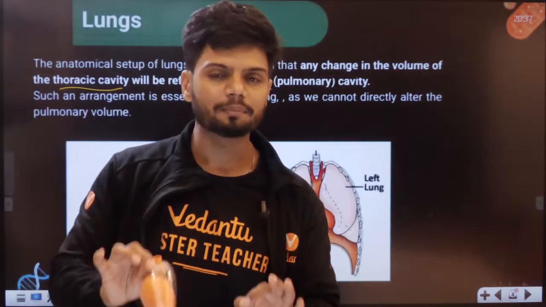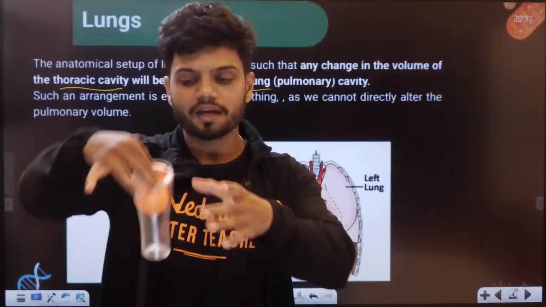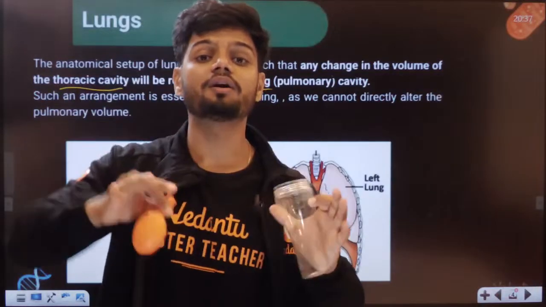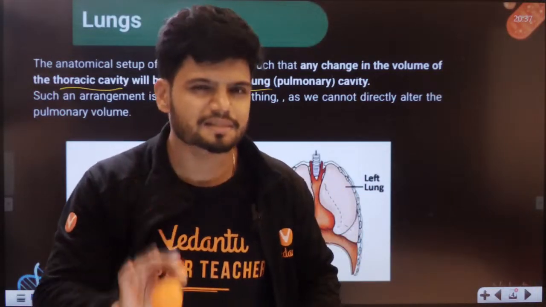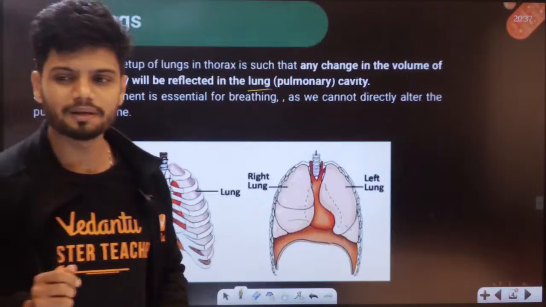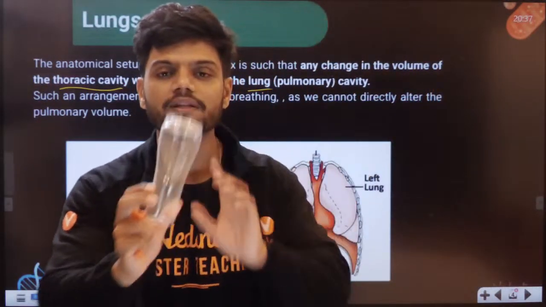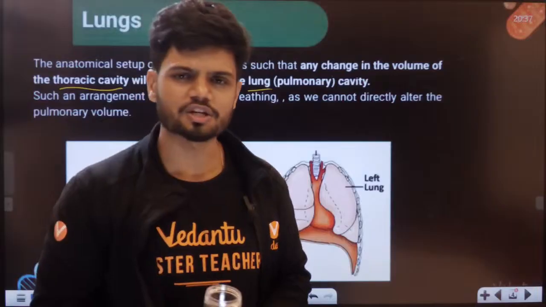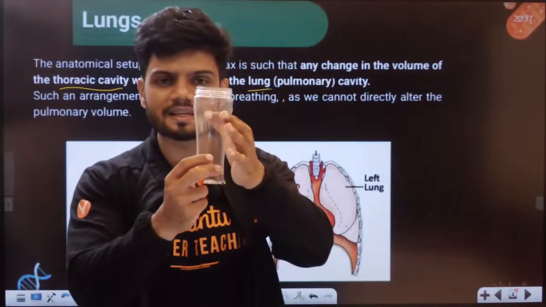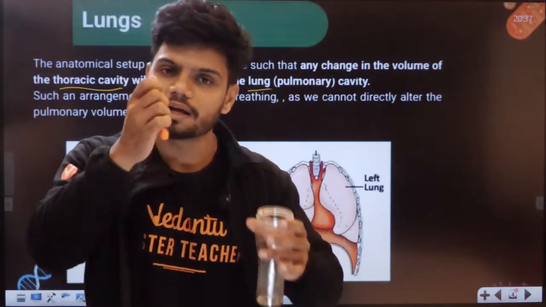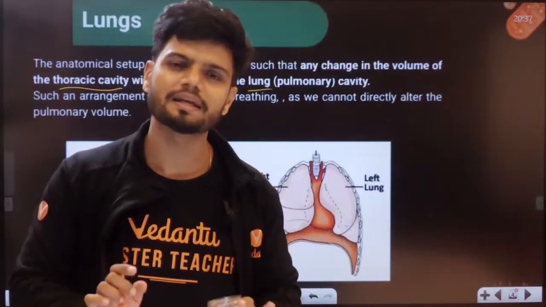Now, all of you tell me in the chat quickly, if the thoracic cavity does not increase, will the lungs increase? Is it possible that the lungs can expand if the thoracic cavity is only this much? अगर ये thoracic cavity increase नहीं हुआ, तो lungs भी उतने ही रहेंगे ना, उतने ही रहेंगे students.